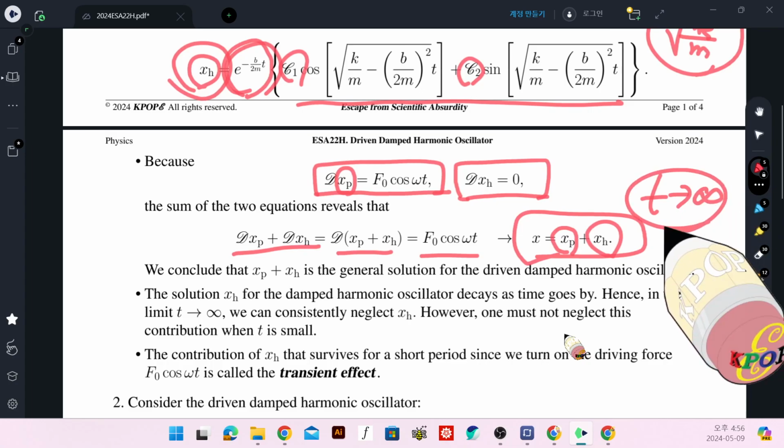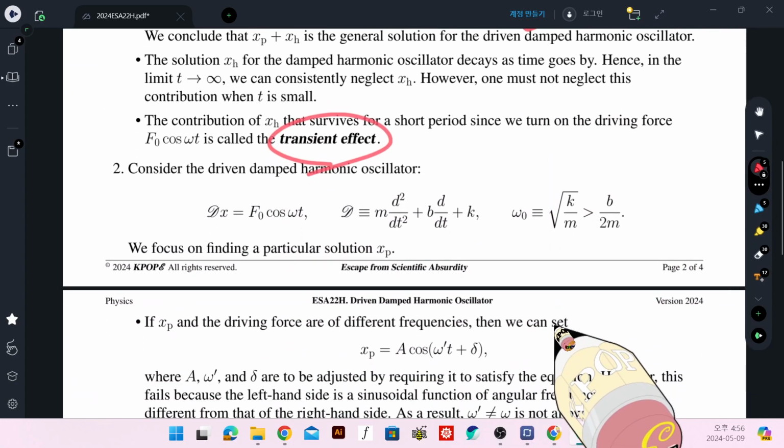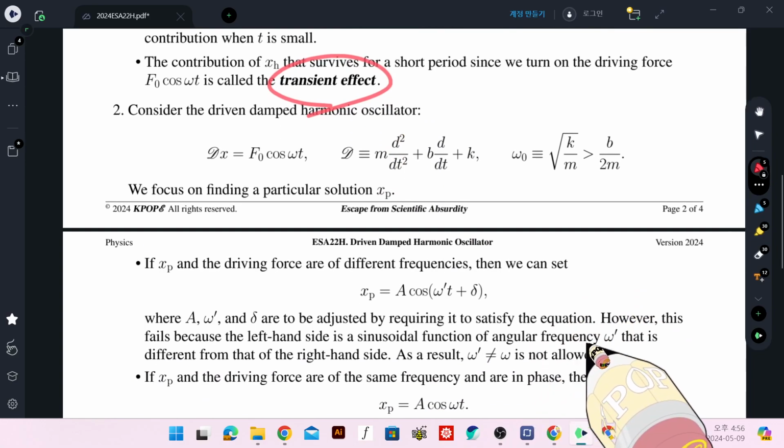To avoid the transient effect that appears significantly at small t, we consider the case in which t is very, very large. Then we say it is free of transient effect, and this is the stationary solution.